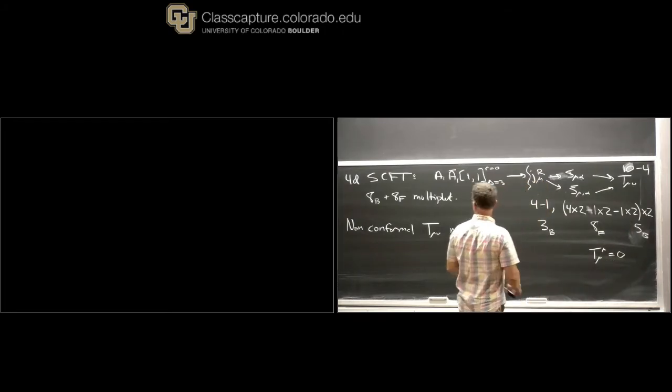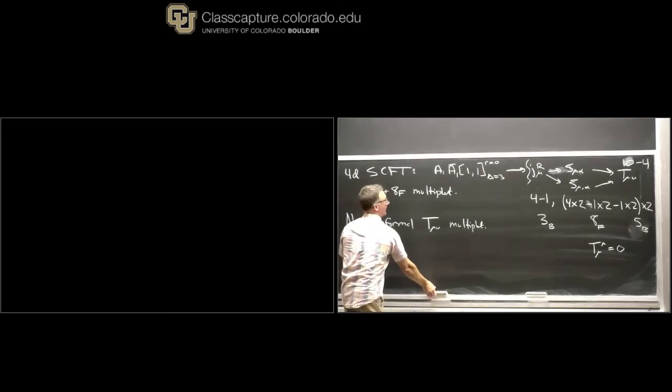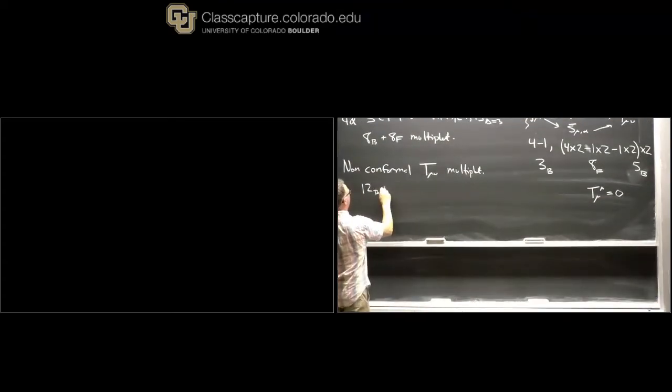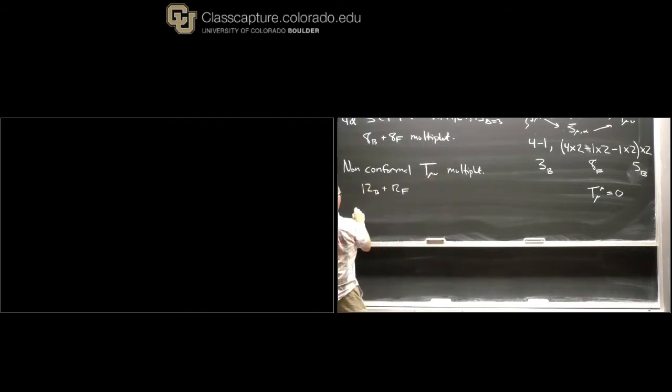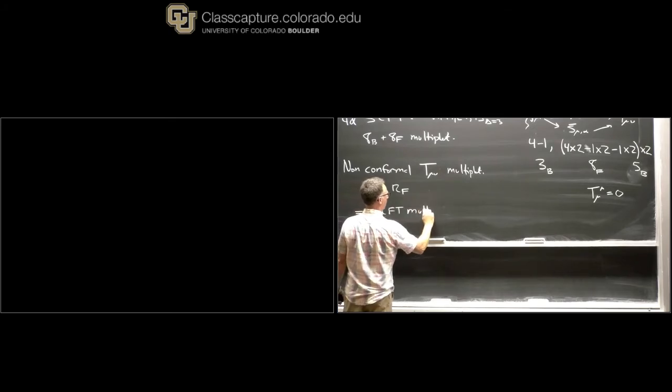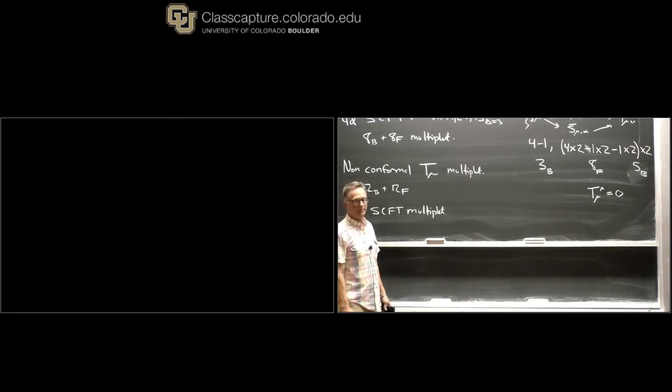And so in the T mu nu multiplet, we have altogether, I'll just write the answer, 12 bosonic plus 12 fermionic components. And we can write this as the superconformal field theory multiplet plus an extra 4 bosonic and 4 fermionic components.